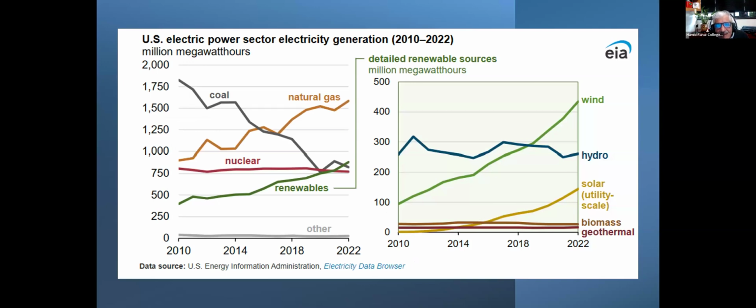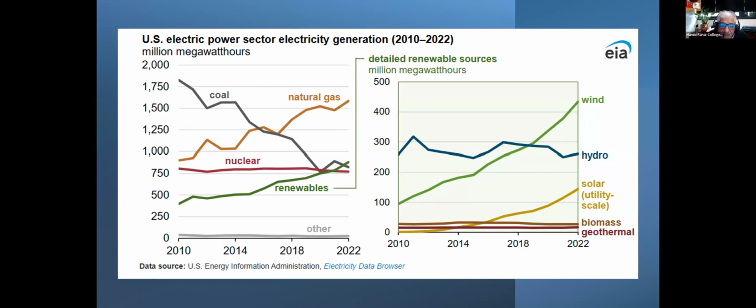So I'll give you some background on the electric power sector, electricity generation in the US. This is the data between 2010 and 2022. As you can see on the left-hand side, use of coal has gone down quite a bit. Natural gas has gone up to offset that.